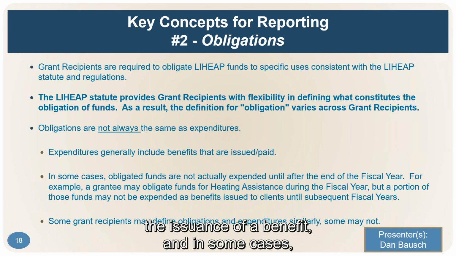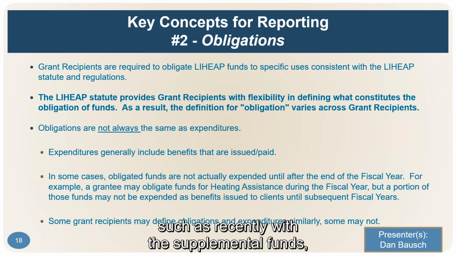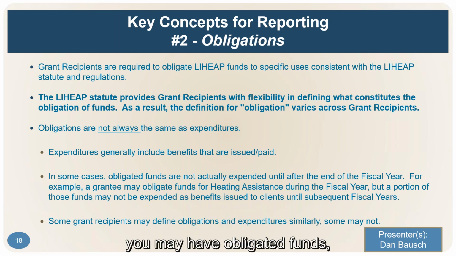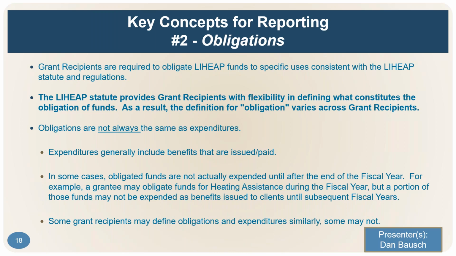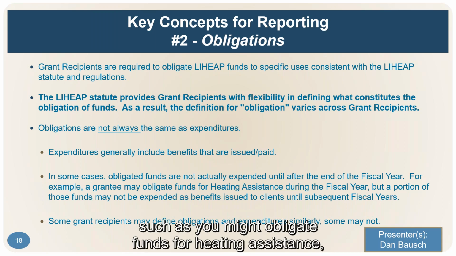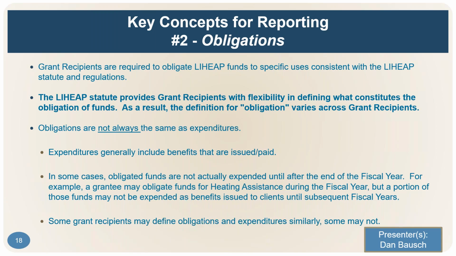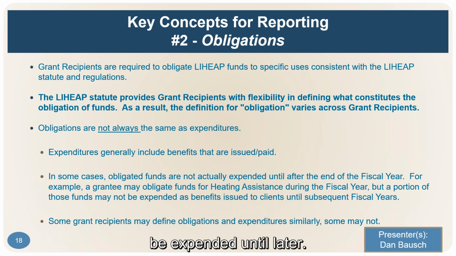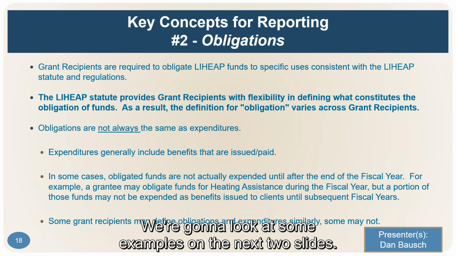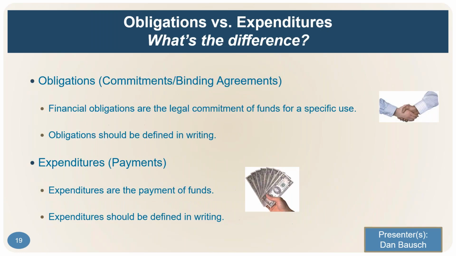And in some cases, such as recently with the supplemental funds, you may have obligated funds, but not actually expended or paid those out until the end of a fiscal year. Such as you might obligate funds for heating assistance, but a portion of those funds might not be expended until later. We're going to look at some examples on the next two slides, so let's jump ahead to those.